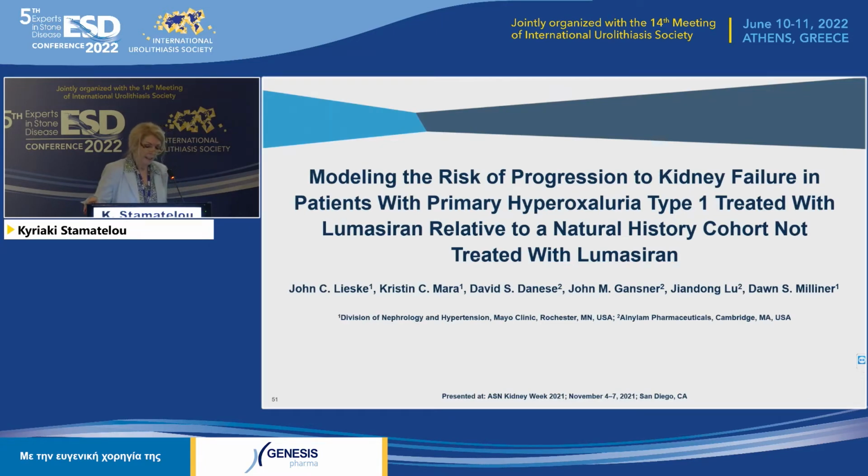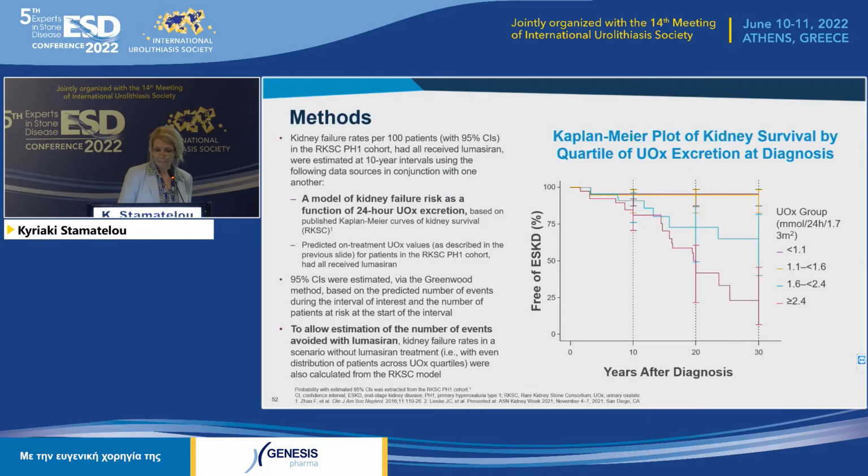I chose this study, which is not Illuminate, because I think it has a very interesting clinical view for us clinicians. So John Liske tried to model the risk of progression to kidney failure, the risk of progression for those patients who were not on lumasiran and the patients who would be on lumasiran.